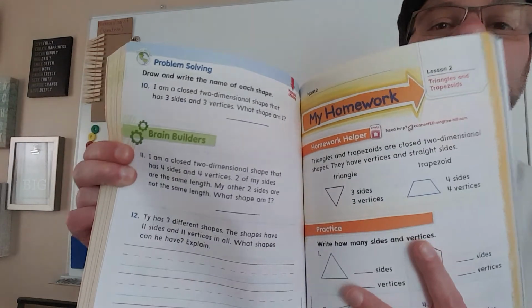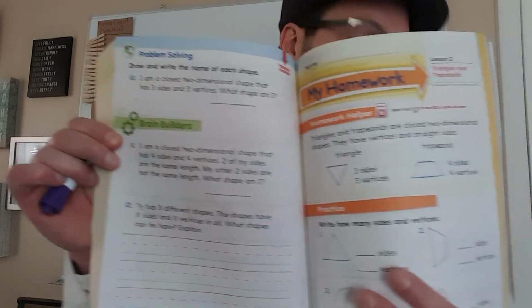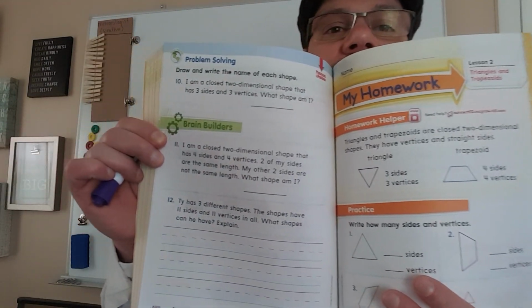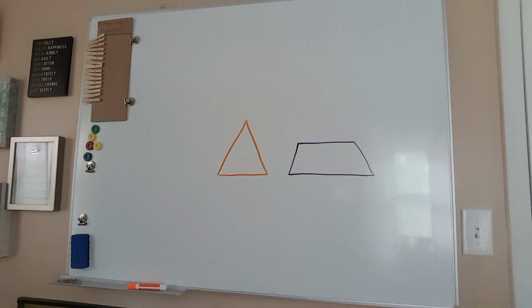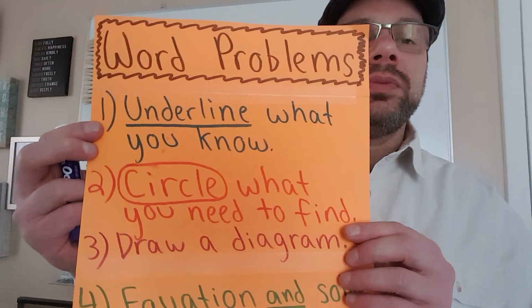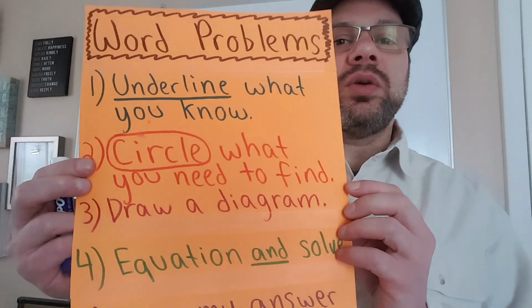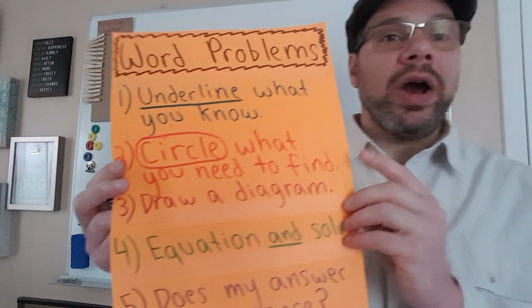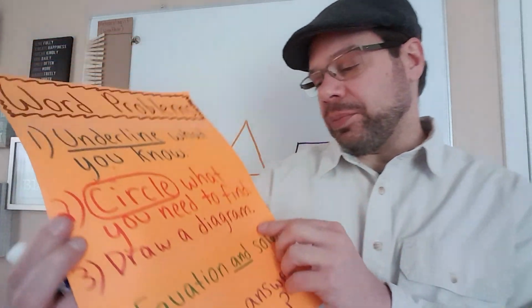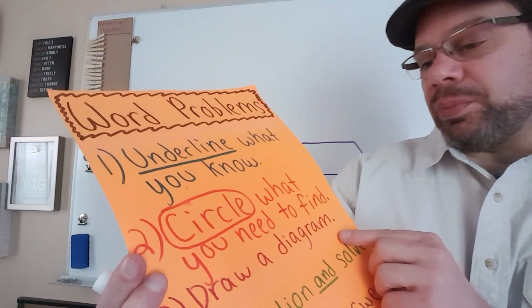And when you're working on these word problems here, you should still be using the rules we do for word problems, which are this. Okay, we're going to underline what we know. We're going to circle what we need to find out, and that would be the question, the sentence with the question mark.